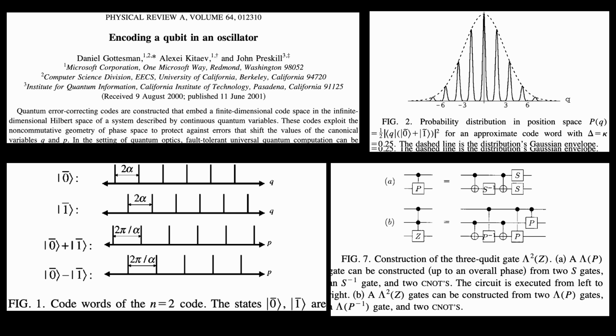The idea of their paper is kind of like what you see here, the cat zero bar. If the qubit could be a superposition of two coherent states, why not go nuts and do a superposition of infinitely many? So consider a superposition of infinitely many, infinitely thin Gaussians and call that logical 0.